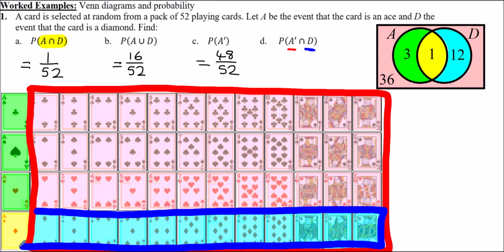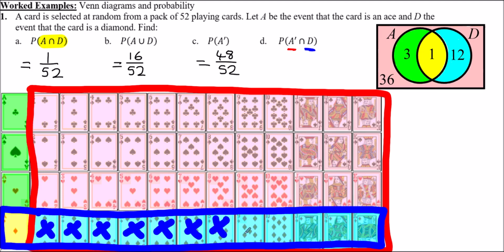All of these are diamonds in this blue region. So where do the blue and the red overlap? Well, you can see here it's this one. All of these down here that I'm putting a cross on is where they're all overlapping. So you can see here I've put 12 very fat blue crosses on out of a total of these 52 cards. So this probability is therefore 12 out of 52.